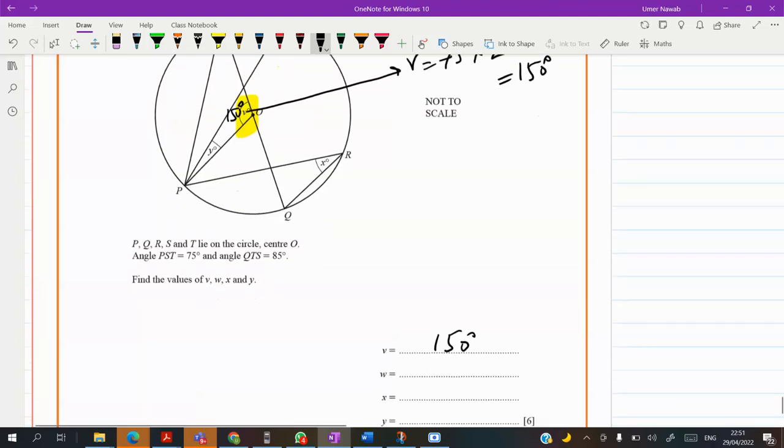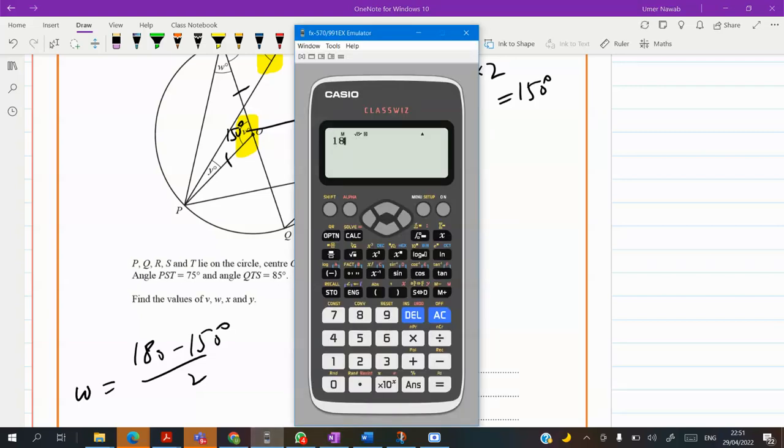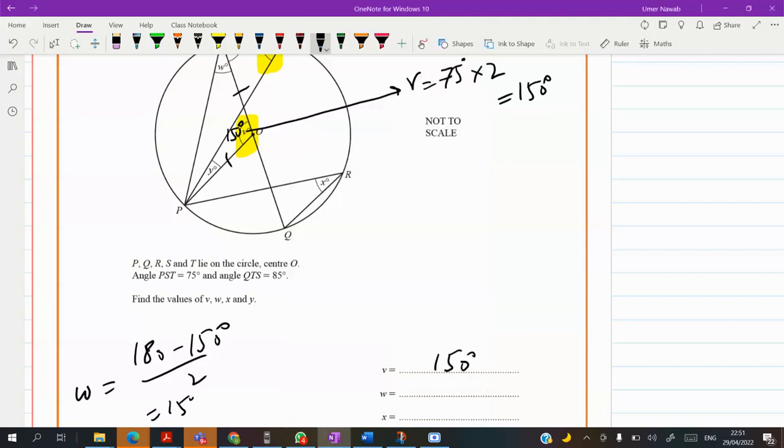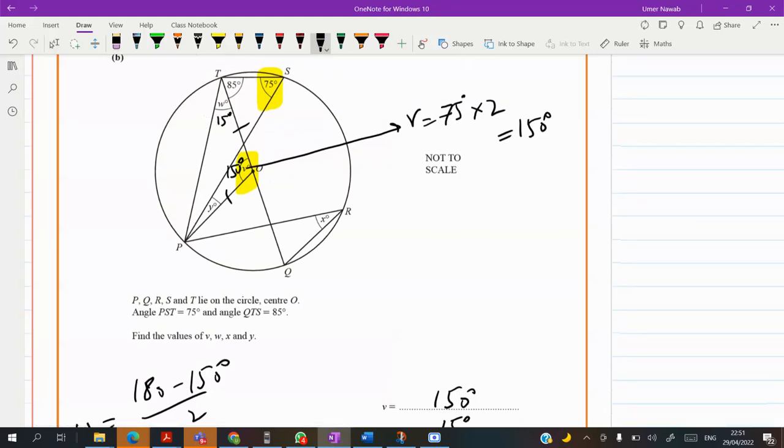Now, we can find W very quickly because this is an isosceles triangle. 180 minus 150 divided by 2 will give you W. So 180 minus 150 is 30, and divided by 2, 15. So that is 15 degrees. So this is also 15.